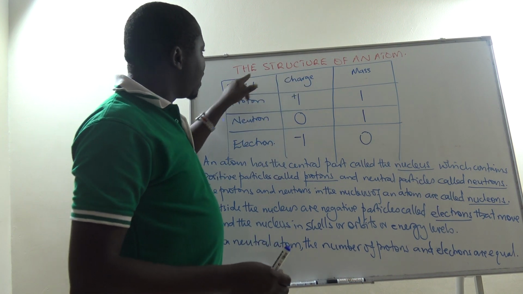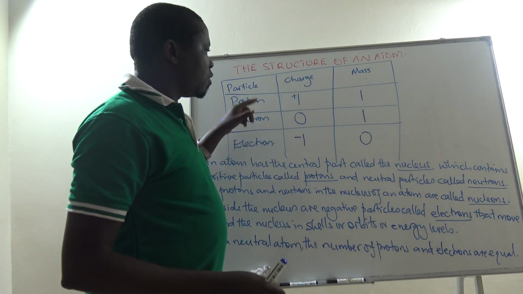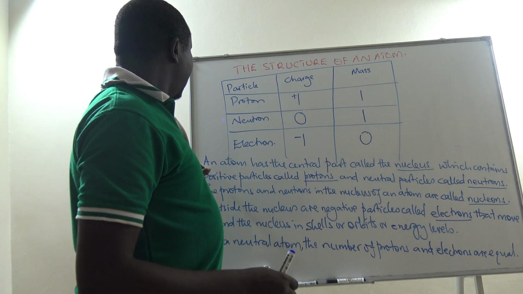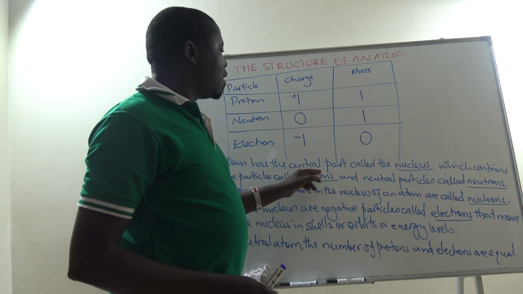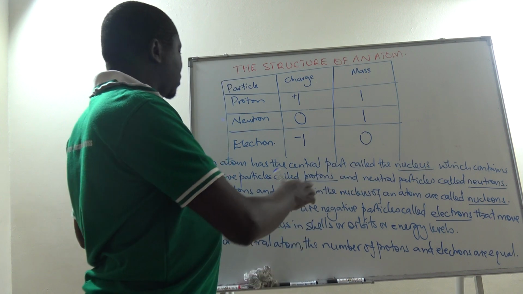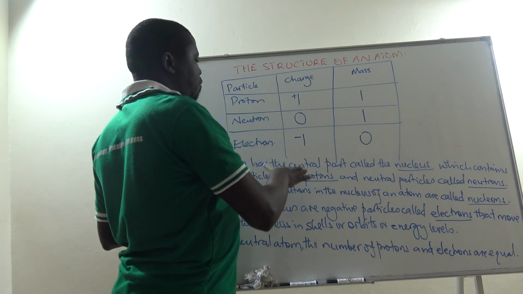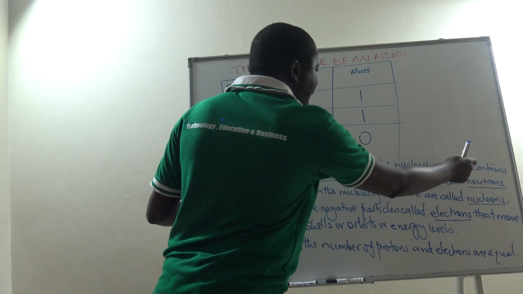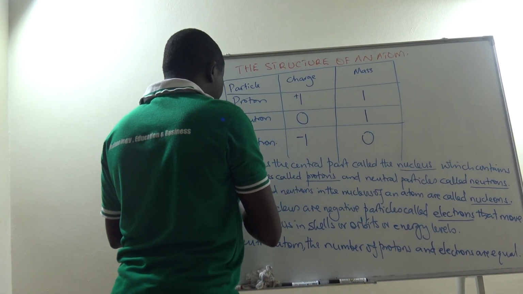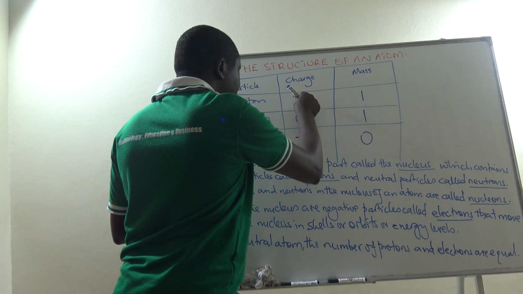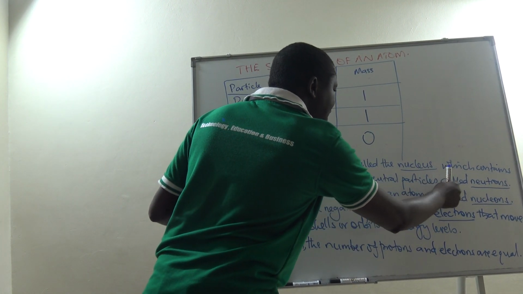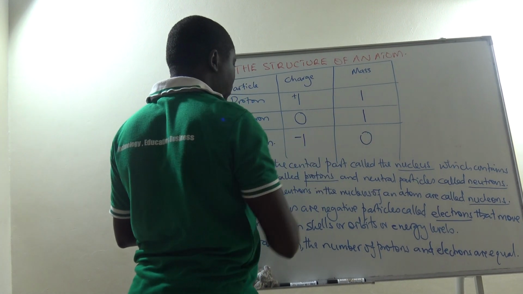So we saw the diagram of an atom, what it consists of, and this is what we wrote down as our word description of the structure of an atom. It has the central part, which is the nucleus, and it contains positive particles called protons and neutral particles called neutrons.